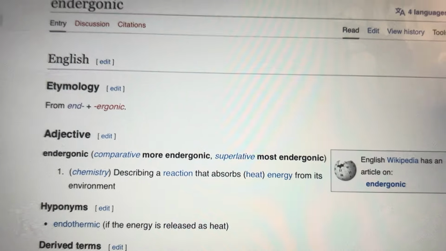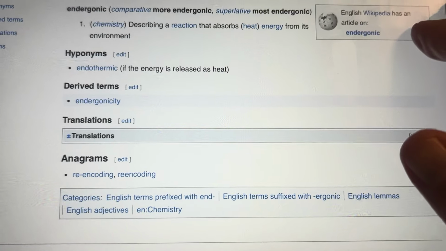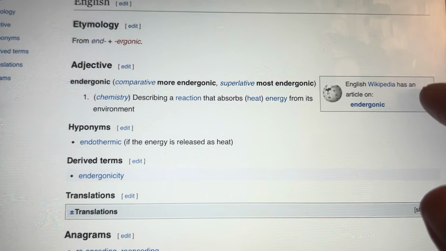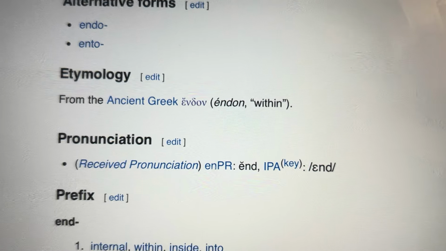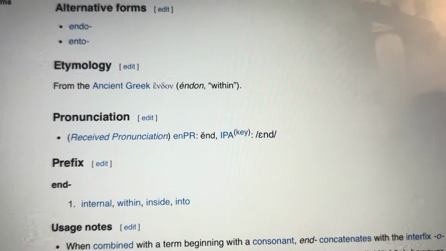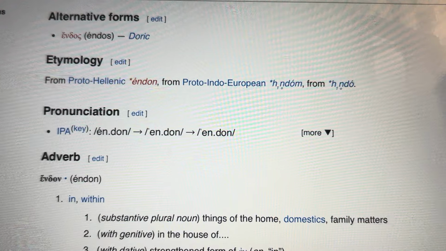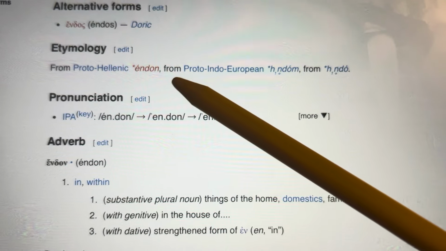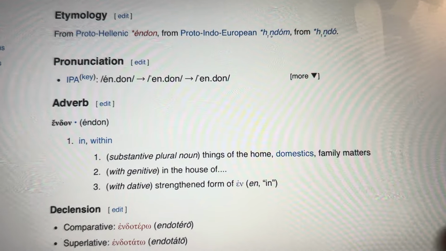So if we go to Wikipedia, endergonic, we see that it derives from end plus ergon, and the EN derives from endon, within, which is rooted back to another fictional invented word from Proto-Indo-European, or with the dative form of EN.